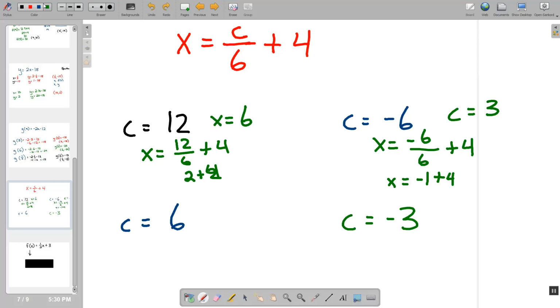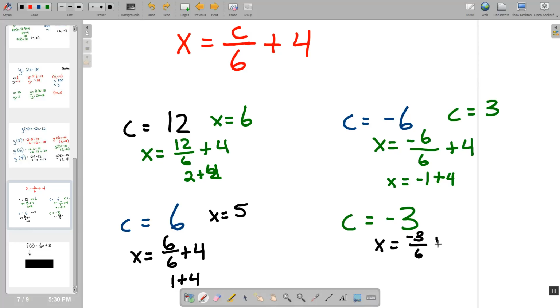Now down here on the bottom, we have two more examples. When c is a positive 6, I will say x is equal to 6 divided by 6 plus 4. That's 1 plus 4. And x equals 5. And finally, x is equal to negative 3 sixths plus 4. Uh-oh, this is not a whole number answer, which means our answer needs to be either a fraction or a decimal.